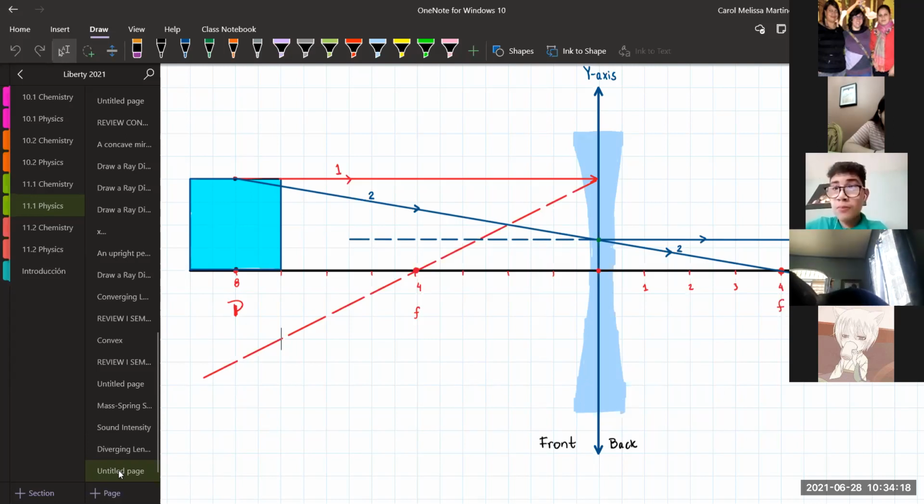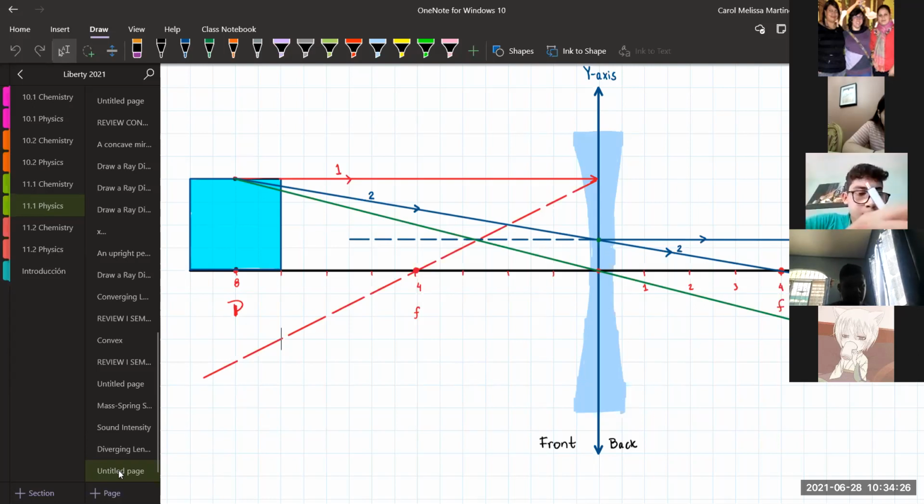Now, the point where the three lines intersect, as you can see, is right here. So in that place, you're going to locate the image. The image, I will do it in a different color, okay? Different than all the colors.